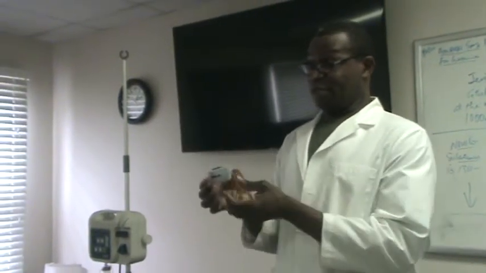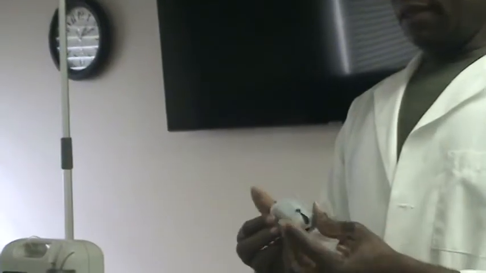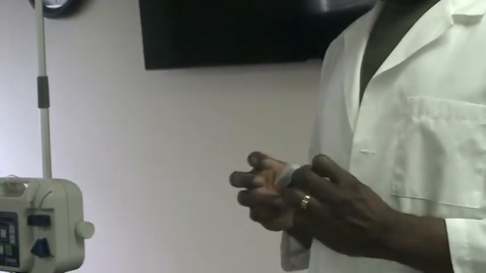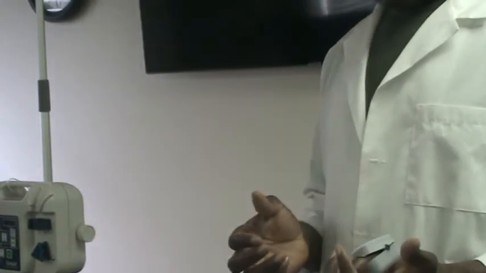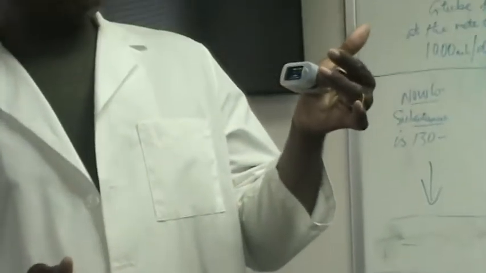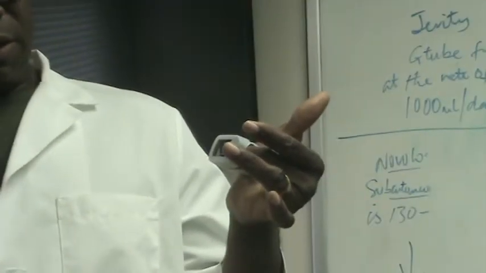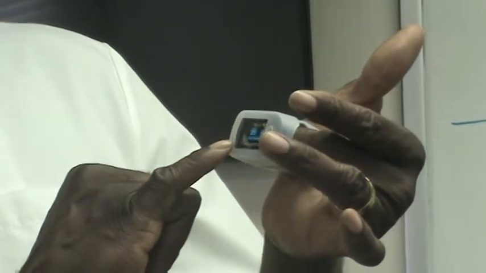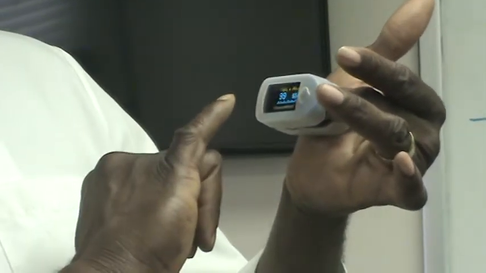This is a pulse oximeter, which measures oxygen level. So you just stick in your finger, turn it on. Let me check mine. The oxygen level will display on the left side.